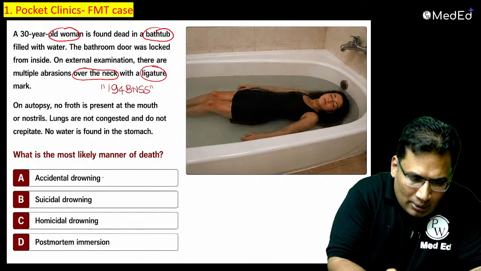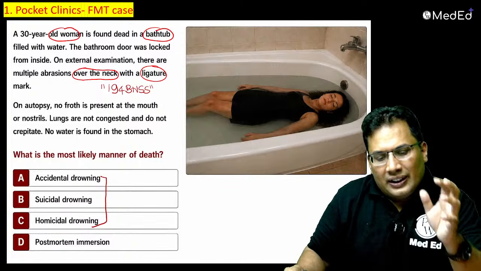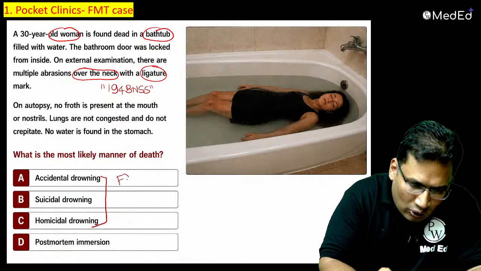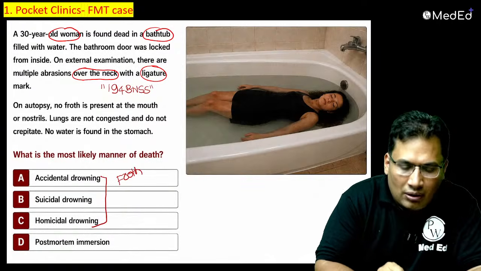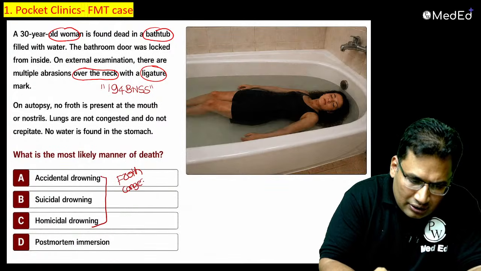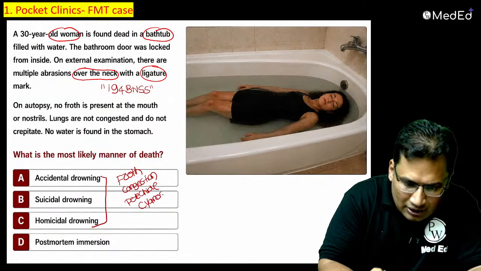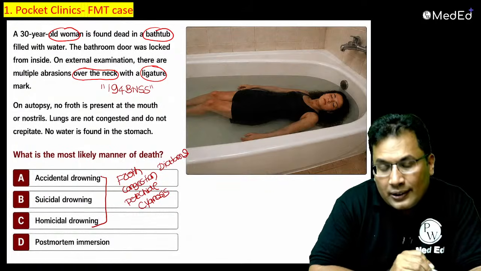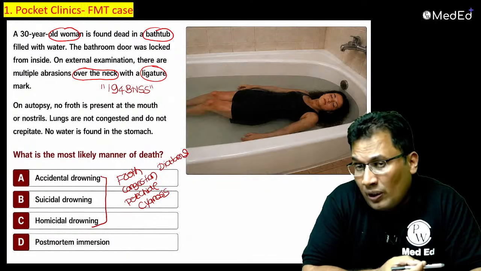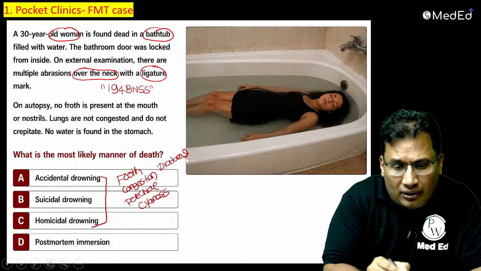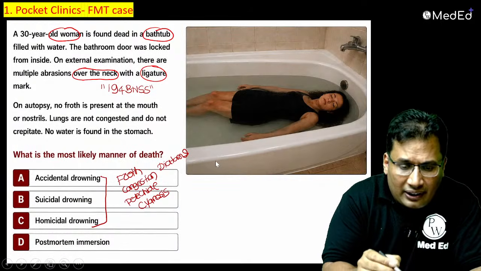See, in any case of drowning, whether accidental, suicidal or homicidal, very common features are froth, congestion, petechial hemorrhages and cyanosis. These are very common, especially in freshwater or seawater drowning, but not in a case of bathtub death. Here, one very important finding is the ligature mark.